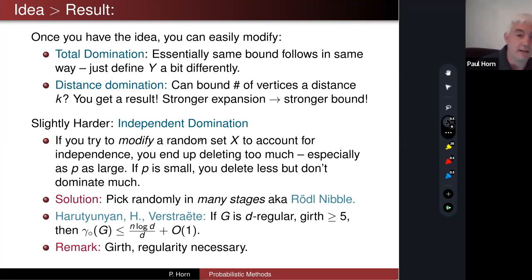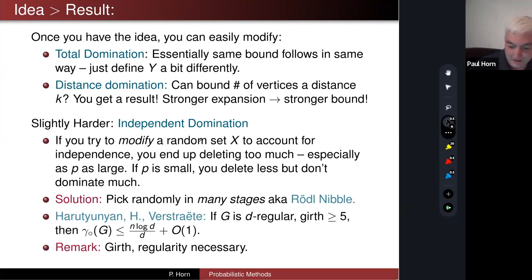And very interestingly here, this girth condition, that you have girth at least 5, is necessary, because if you take something like a complete bipartite graph, it's very easy to dominate, but if you want an independent dominating set, you need to take half the vertices. And actually, the regularity is required as well: you can construct graphs that aren't regular, and you don't get anything like n log delta over delta with the minimum degree.